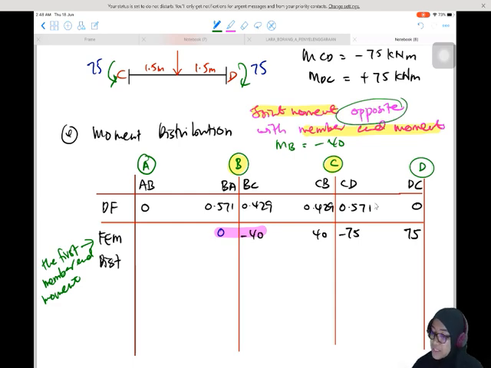So it is negative 40, it becomes positive 40. So the moment that we distribute is positive 40. So we start doing this. It is 40 times 0.571.